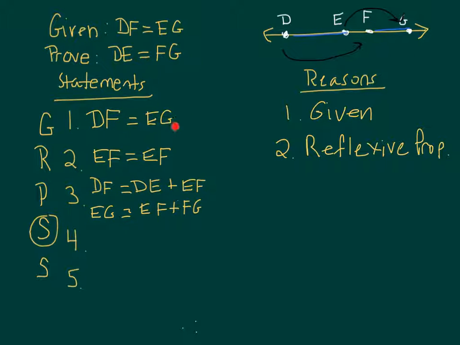DF equals EG. This is DF, this is EG. So these 2 must be equal. I say in class, if the left side is a match, then the right side must be a match. Therefore, we can substitute to say that DE plus EF will equal EF plus FG.